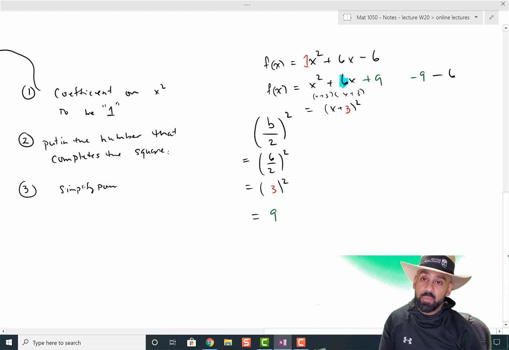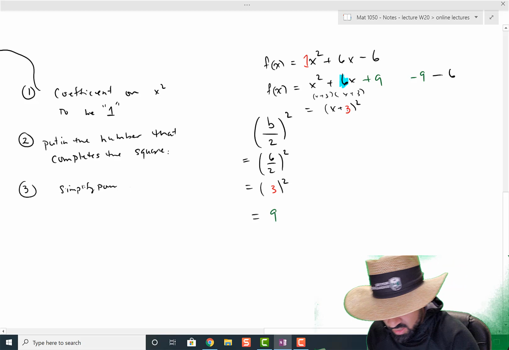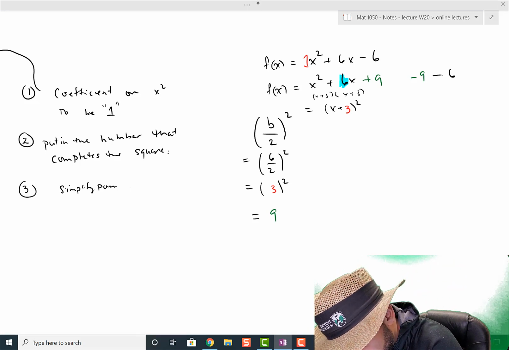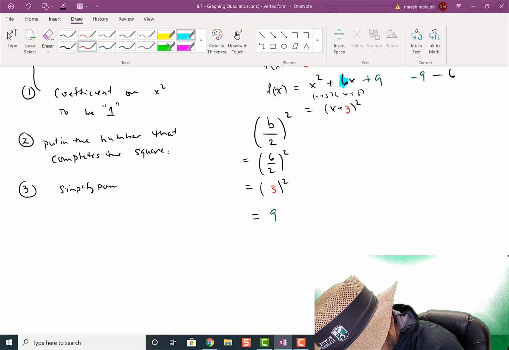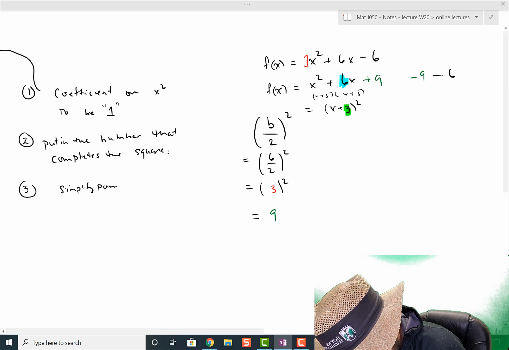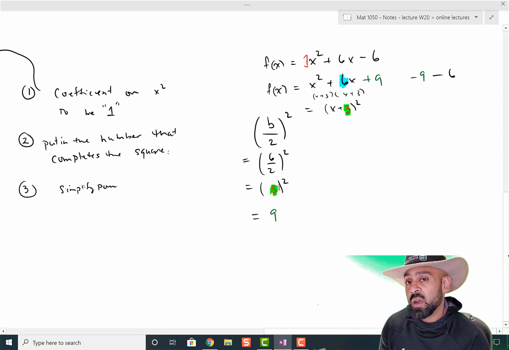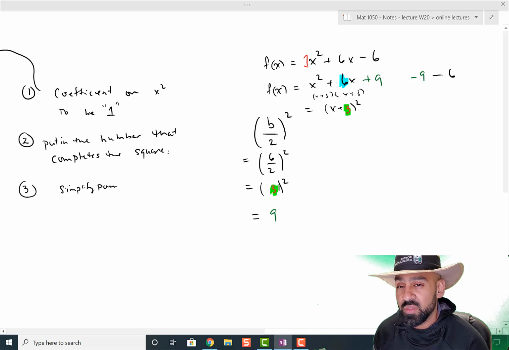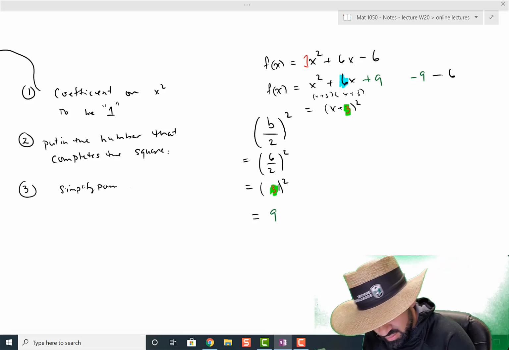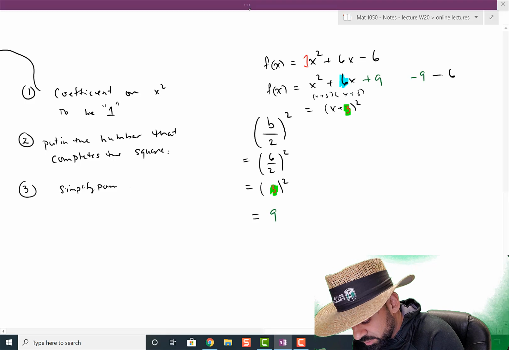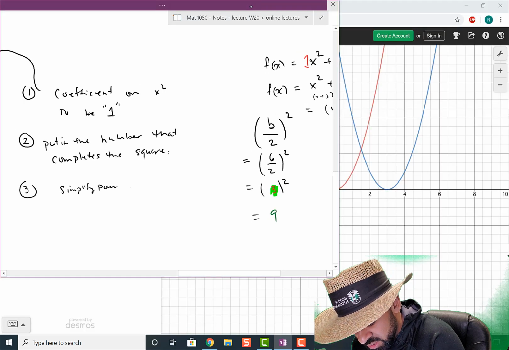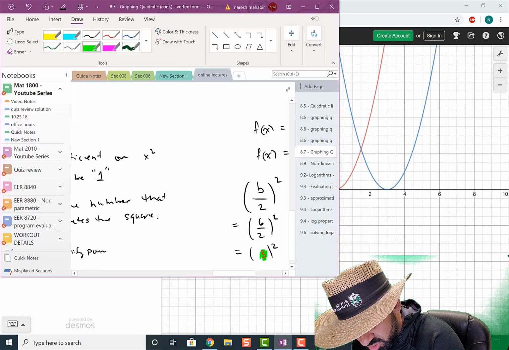B divided by 2 gives you that. So it's good to know that whatever this is. Because it could be the ugliest looking number ever, like 5 halves, and you'd have to find it by factoring, and then the factors are all wonky. So it's a tricky thing to do.